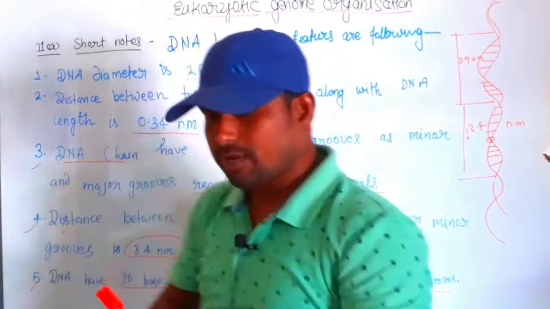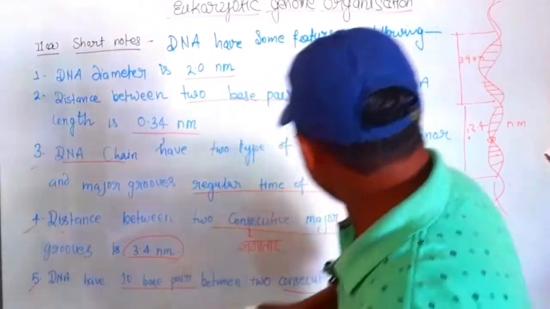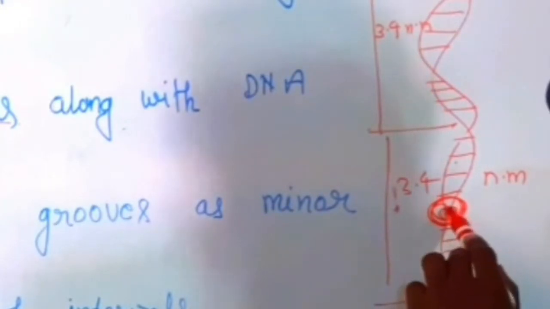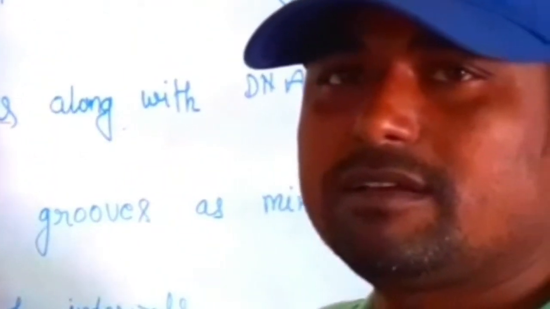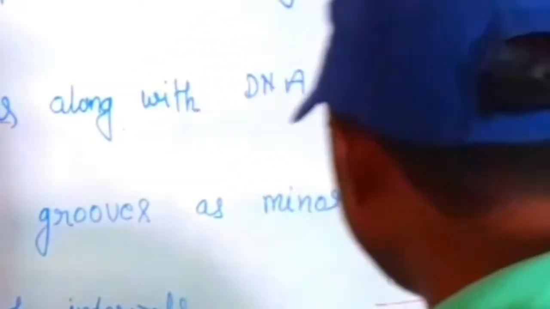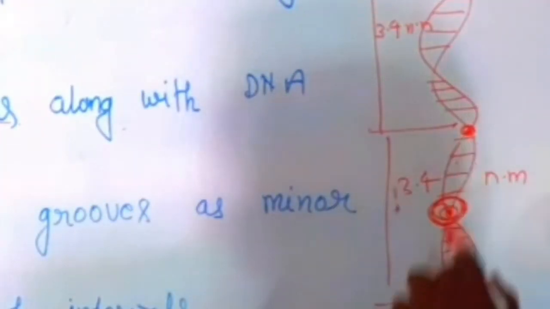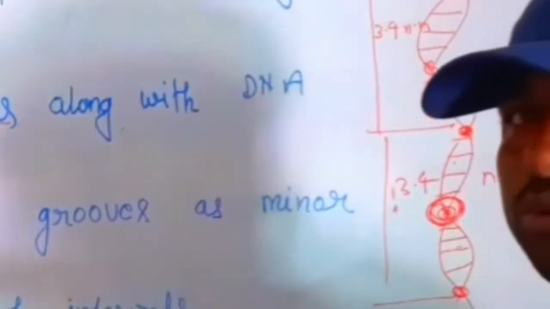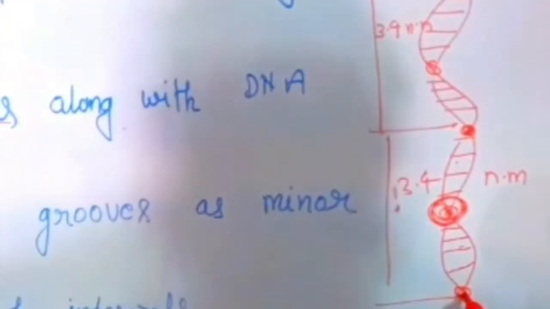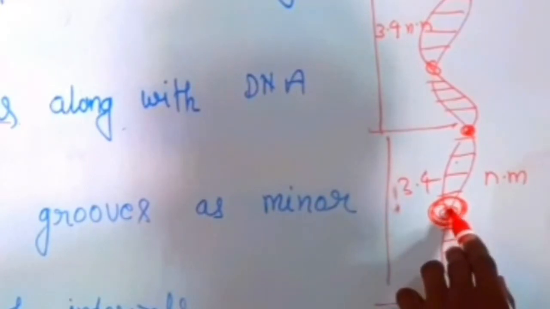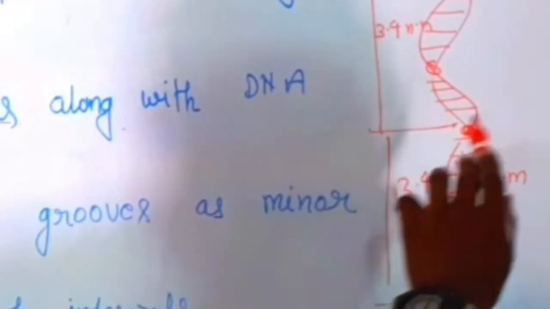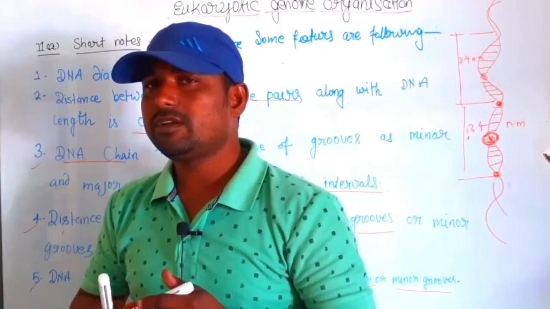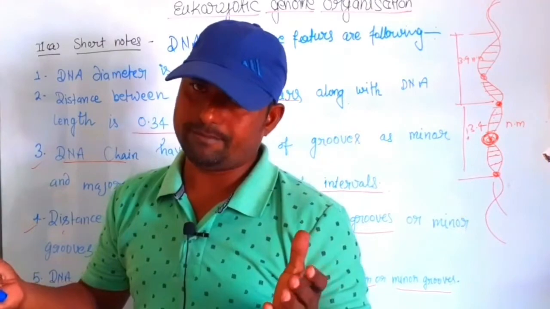Therefore, where the DNA strands cross, one base pair is occupied here. Here the base pairs are occupied. So, continuing counting from here: 1 2 3 4 5 6 7 8 9 10. There are 10 base pairs between two major or two minor grooves.